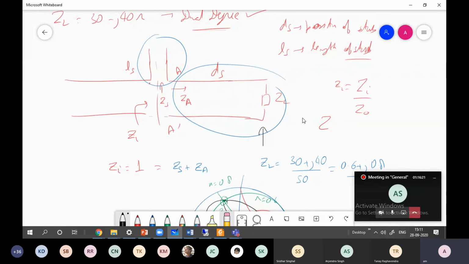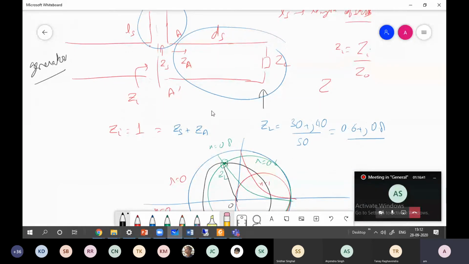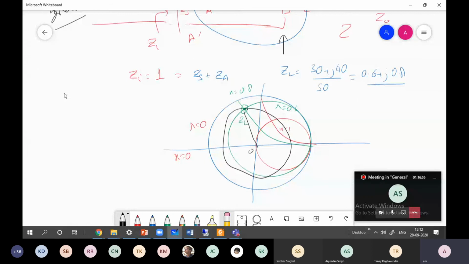Once we are at this point, we have to move a distance DS towards the generator. Towards the generator means clockwise. We should move in such a way that ZS will be of the form JXS, because it depends on its length.